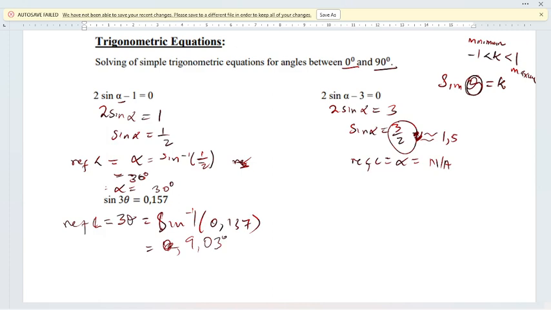Now, you can say 3 theta equals 9,03 degrees. Now, the question is for theta, we divide both sides by 3. 9,03 degrees divided by 3. What is the answer? 3,01 degrees. That will be the theta.